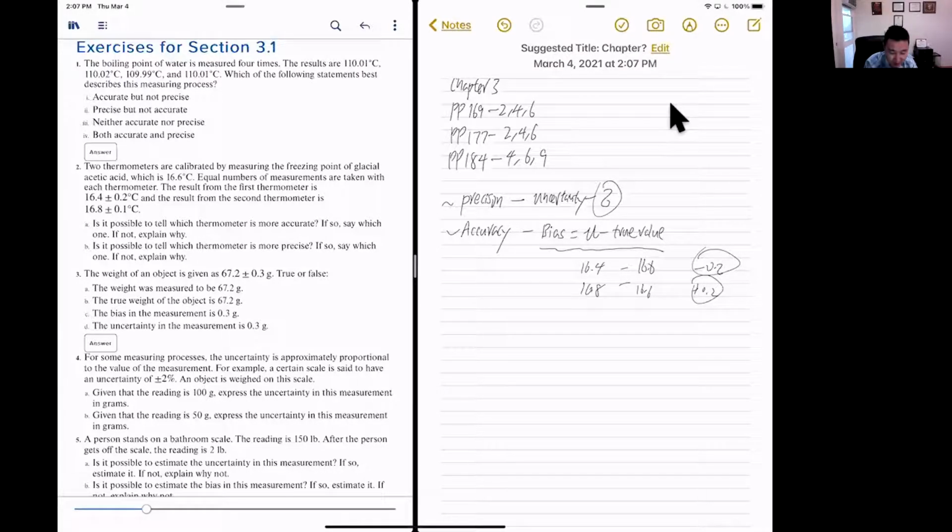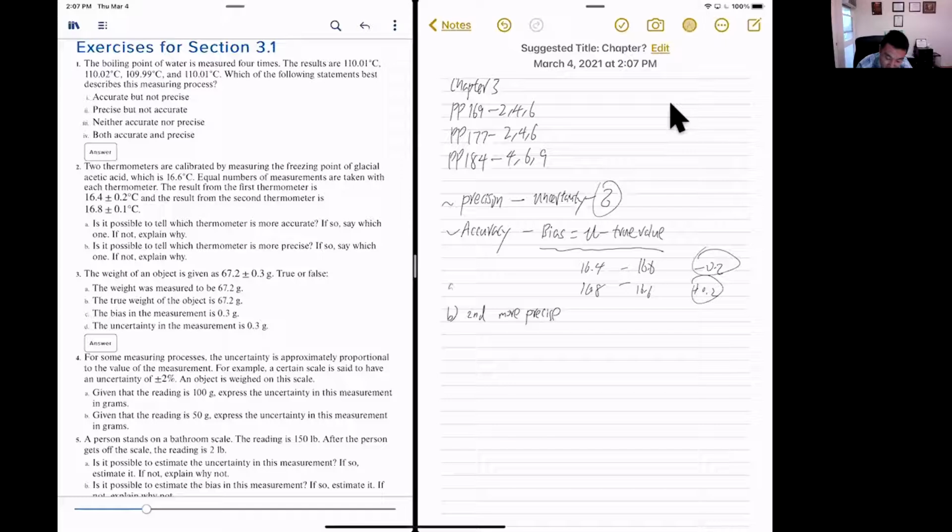It is here: plus or minus 0.2 and plus or minus 0.1 degrees. The smaller sigma is more precise. The second thermometer has a sigma of 0.1, smaller than the sigma for the first thermometer. So the second one is more precise because its uncertainty is smaller.